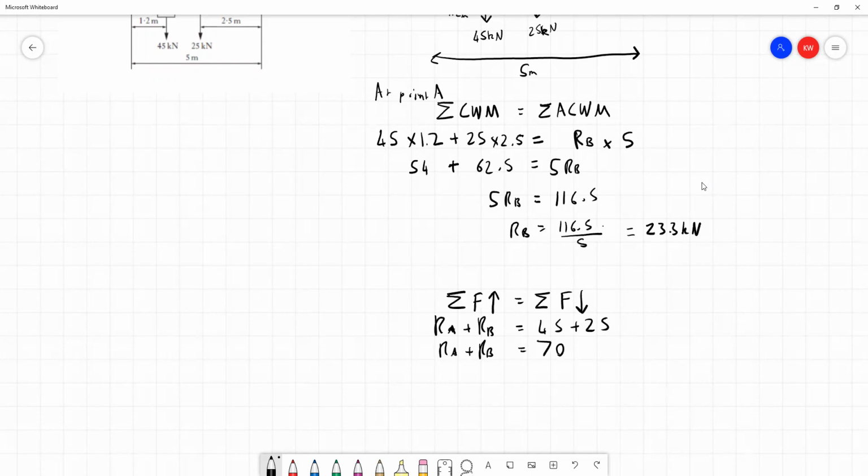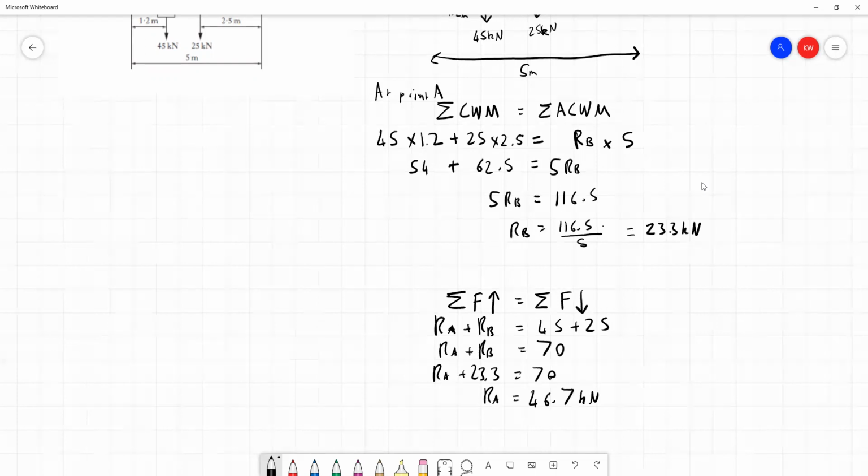And because we've just worked out what RB is, we can say that RA plus 23.3 is equal to 70. And so subtracting that, we find that RA must be equal to 46.7 kilonewtons.